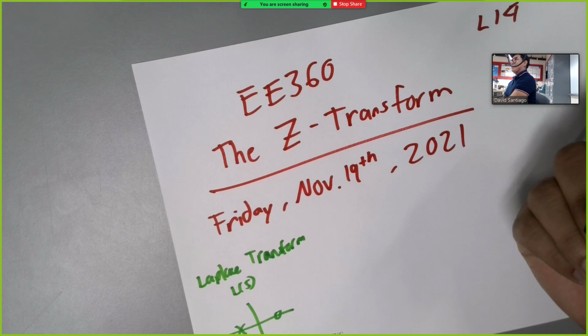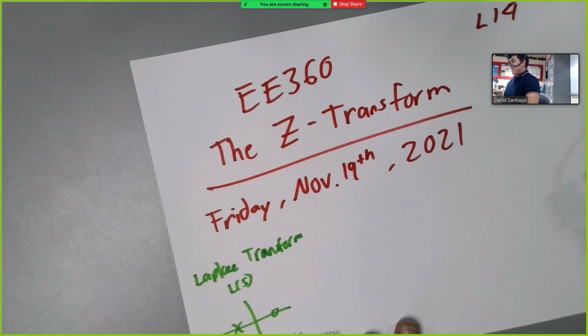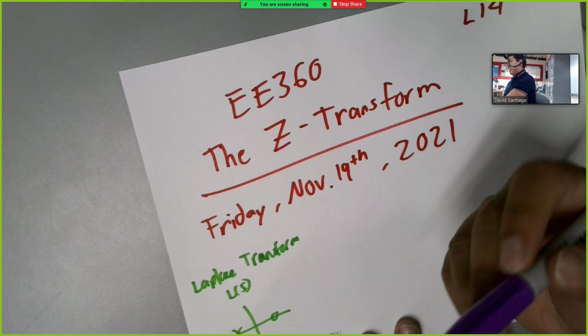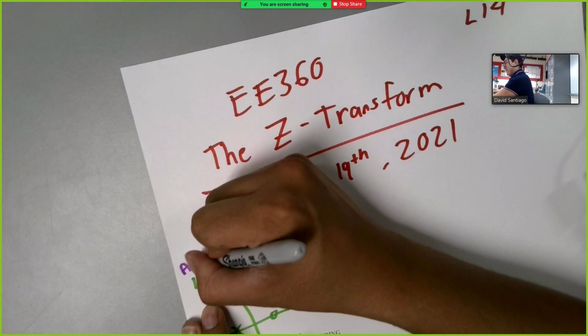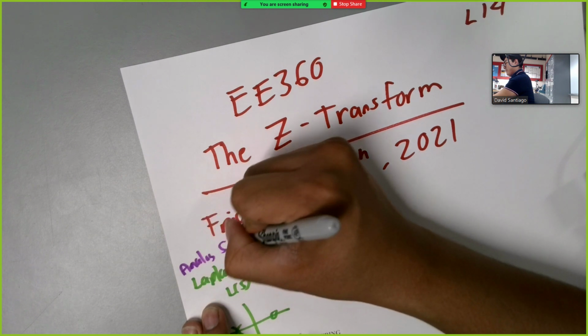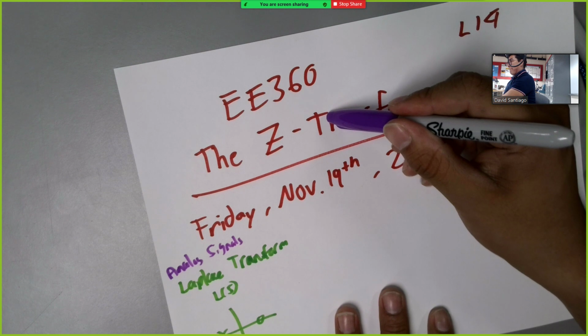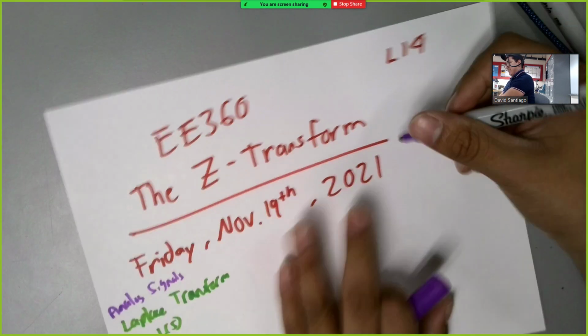Remember that stuff? I don't know if he mentioned this in class, and I think he didn't, but there's a special relationship between the Laplace transform, which is for analog signals, and the Z transform, which is a special case for digital systems, so digital signals.